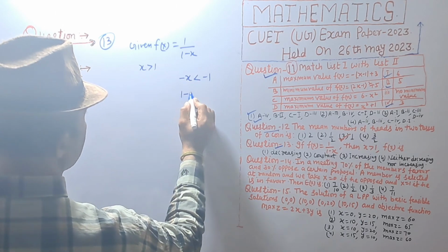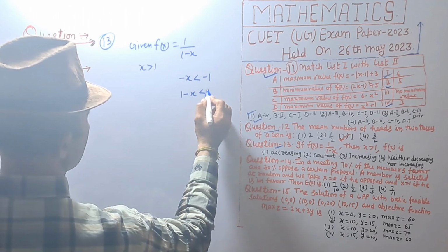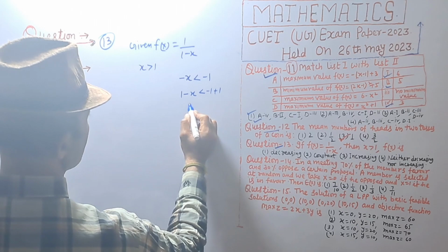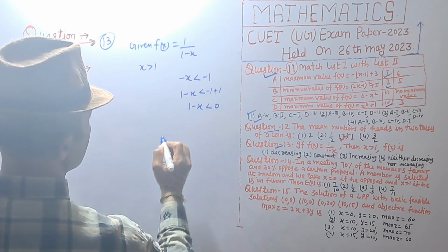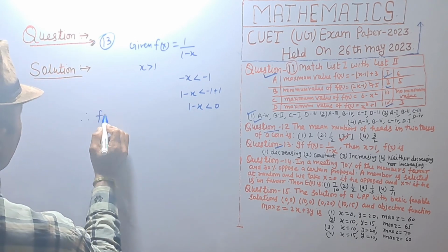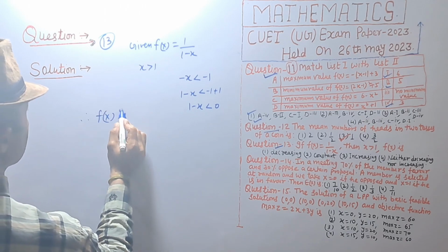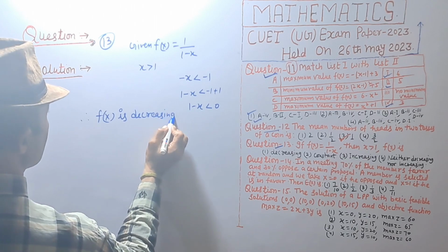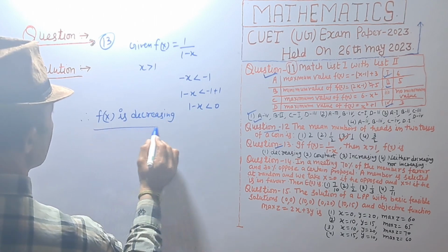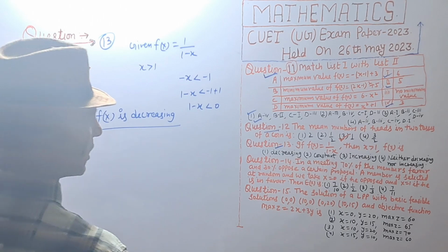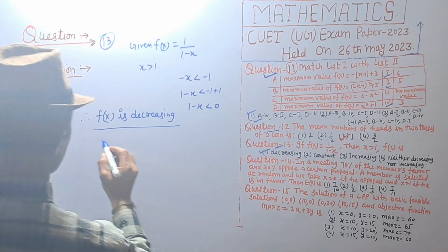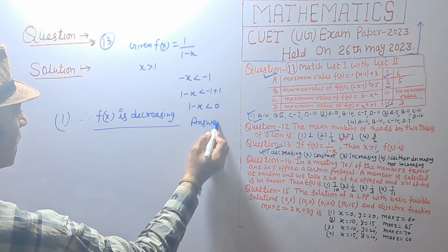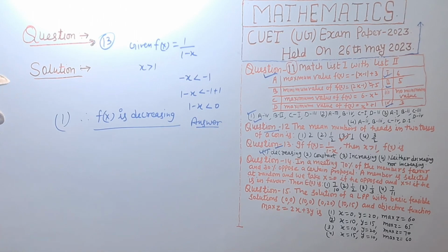And 1 minus x is less than minus 1 plus 1. So 1 minus x is less than 0. So f(x) is decreasing. That is option A. Option 1 is the correct answer.